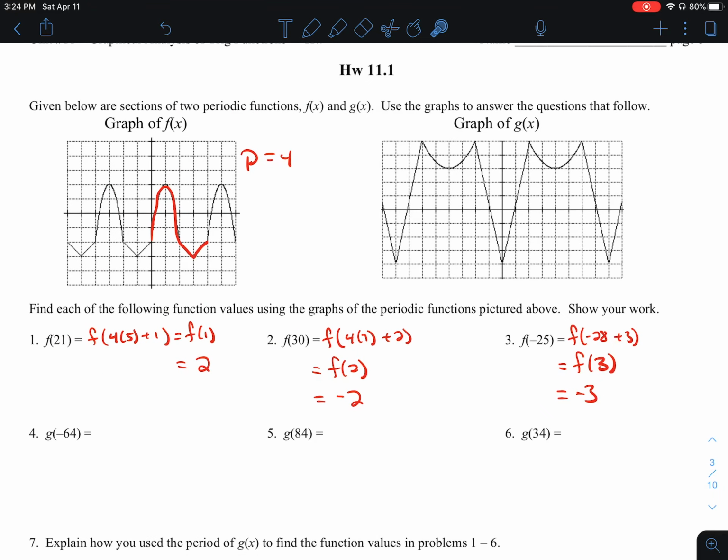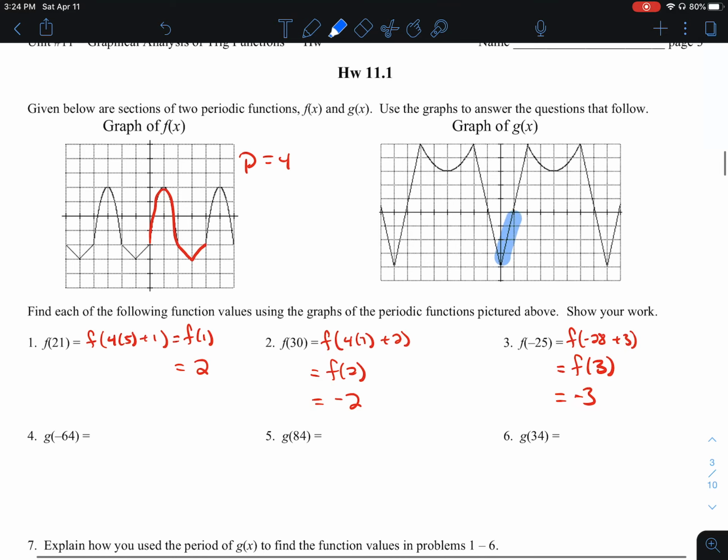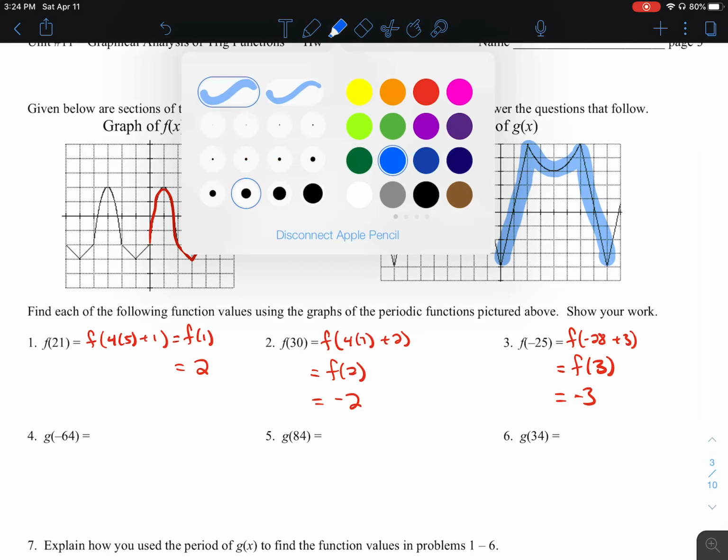Now when you show your work, you can do it this way or you can do it this way. You can write the period length times the number of cycles that you're doing, or you can just say, well, this is a multiple of the period length. Either way. For G, if I were to do 1 period of this, it would look like this.